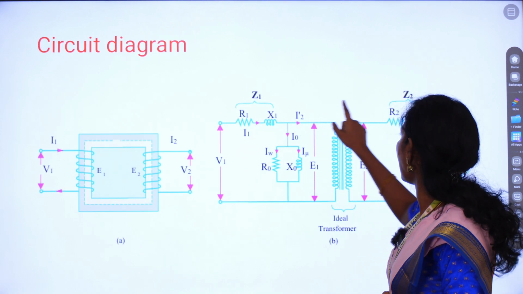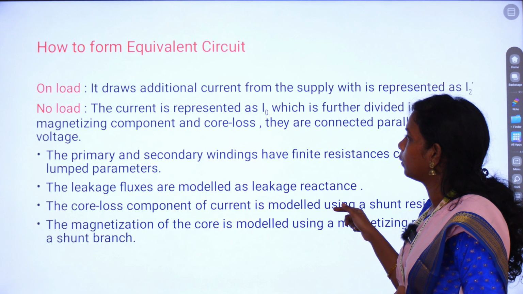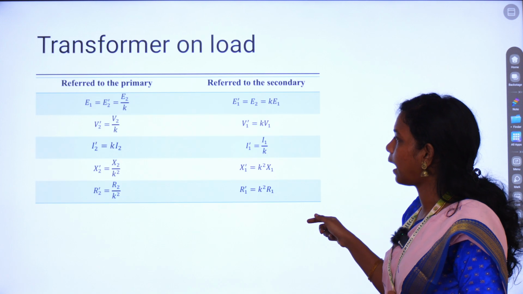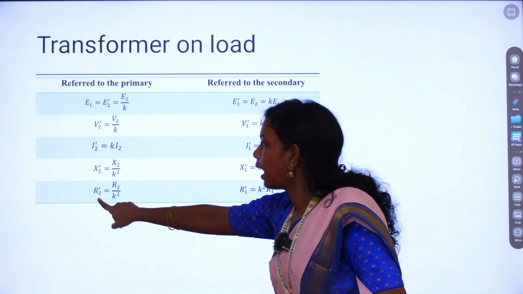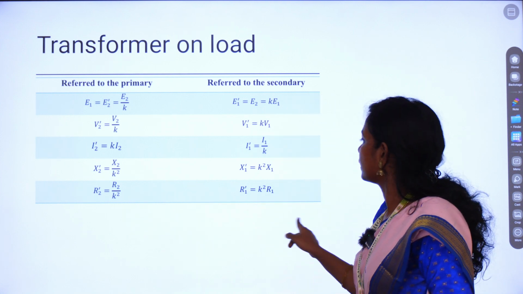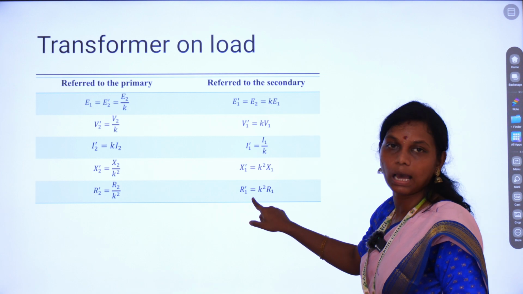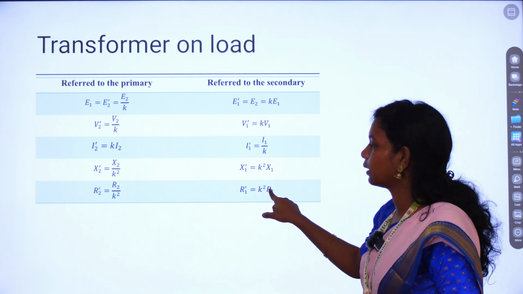And R2 is the secondary resistance. While converting R1 and R2, what have we done? R2 dash is equal to R2 divided by K square. Is it right? And R1, while referring to the secondary side, R1 dash is equal to K square R1.